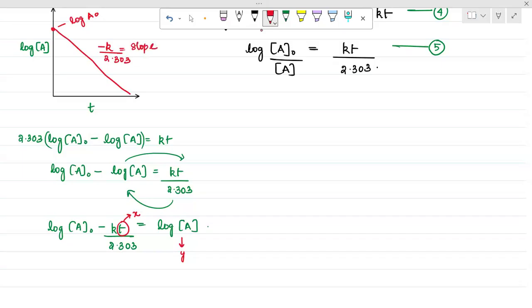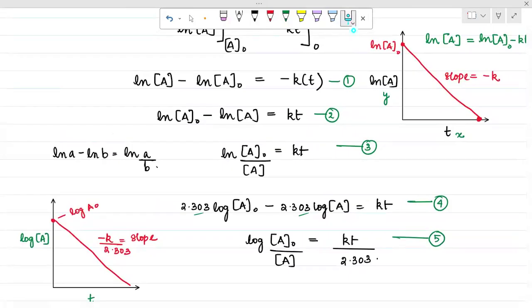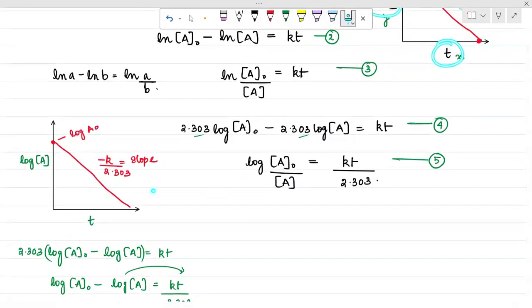Pay attention. Can you see the difference? When it was ln A versus t, our slope was just minus k. But when it is log A versus t, it is minus k by 2.303. Many students make mistakes over here because they forget the conversion and it gets mixed up.